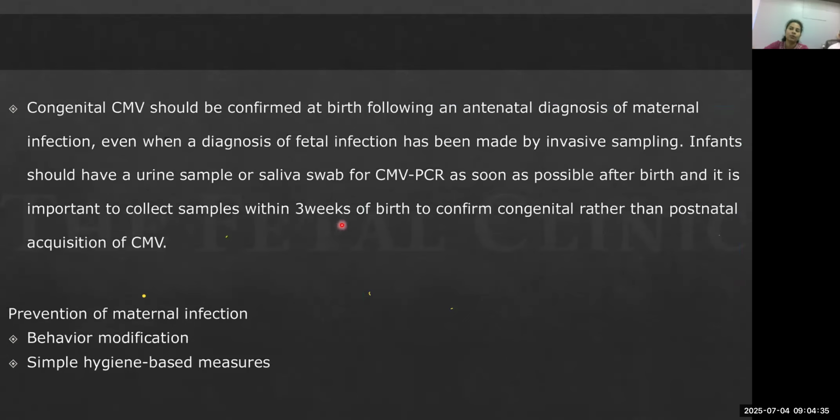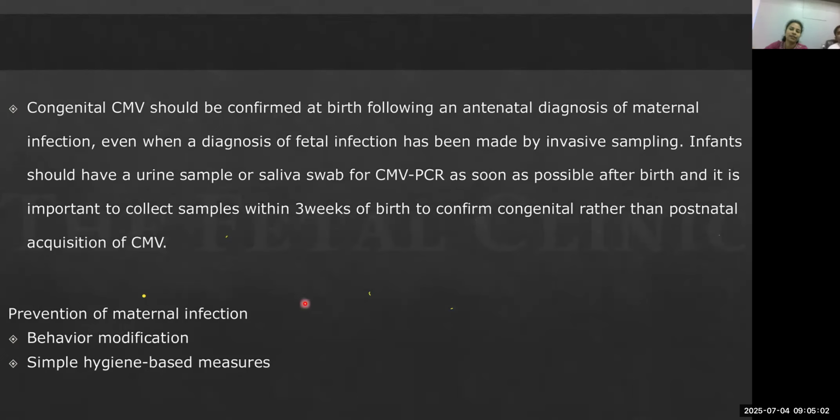So even after confirmation in the antenatal period, we need to have a detailed postnatal evaluation of the baby, and we need to confirm it again on a urine sample or a saliva swab for CMV PCR after birth. And this is important to confirm that it's congenital rather than a postnatal acquisition.